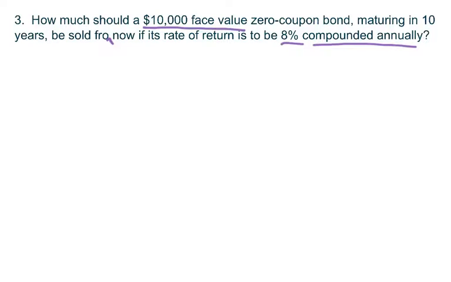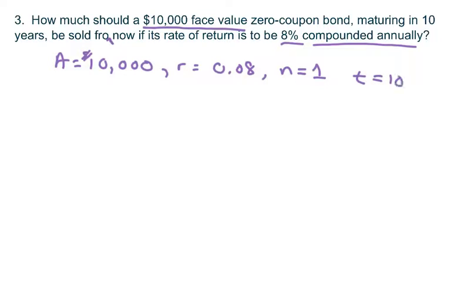So basically we have A equals $10,000, R equals 0.08, N, it's compounded annually, so that's just a 1, and T equals 10 years.